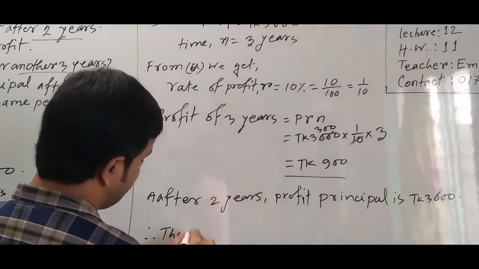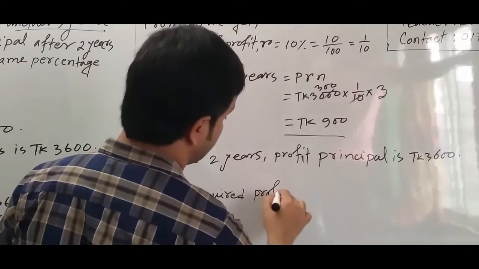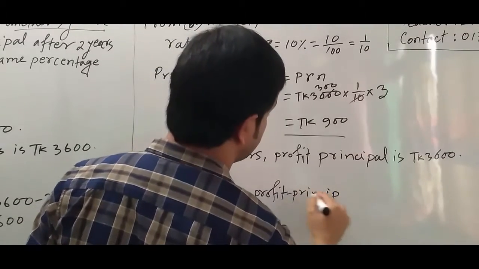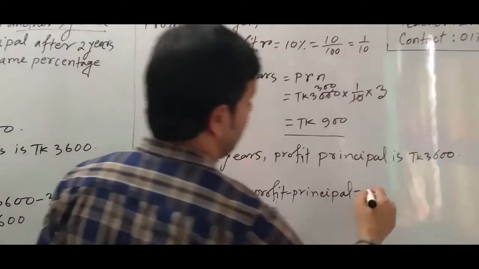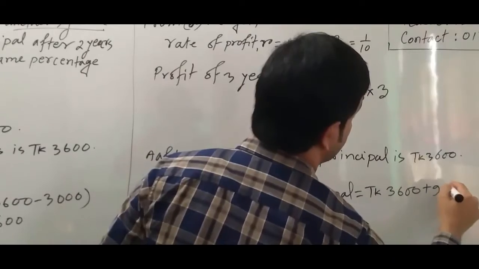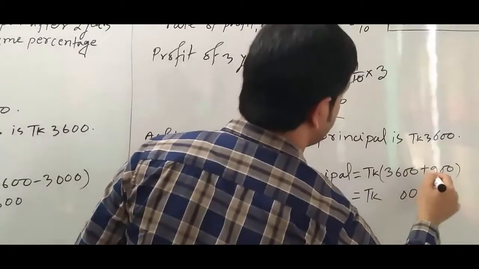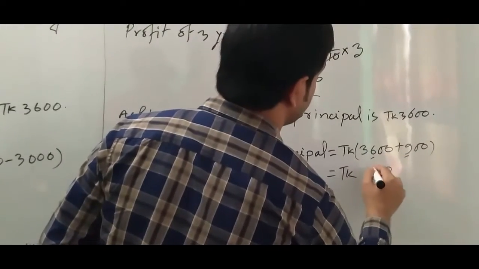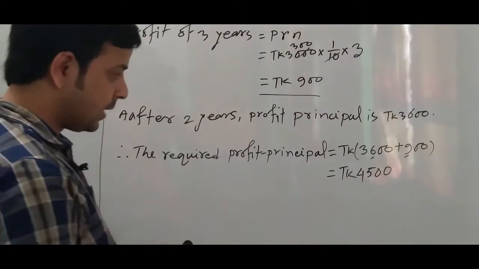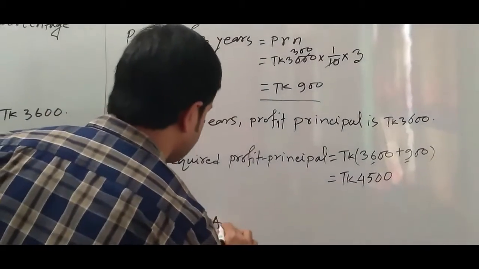Therefore the required profit principal is taka 3600 plus 900. If we add, we will get 4500. It means that our required profit principal is taka 4500. This is our answer of question B.